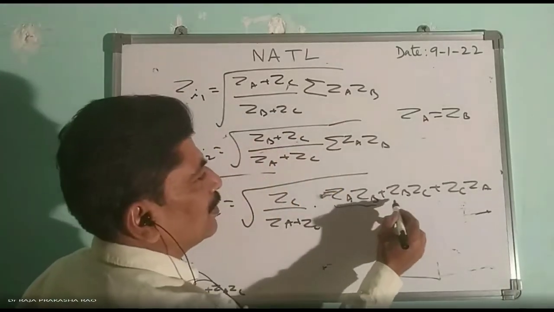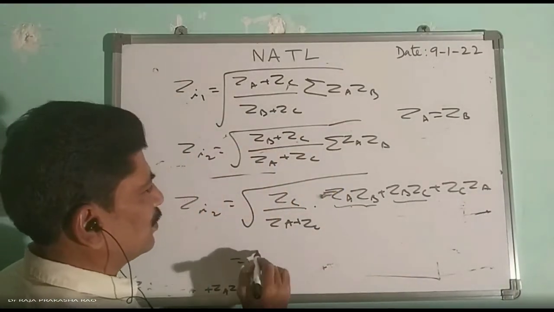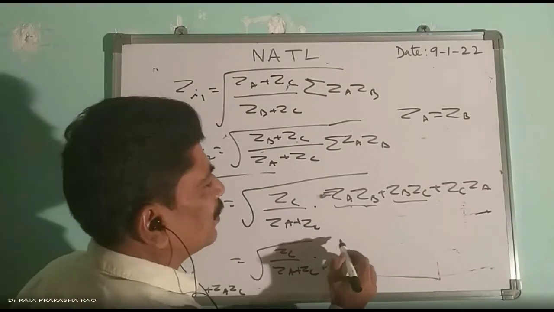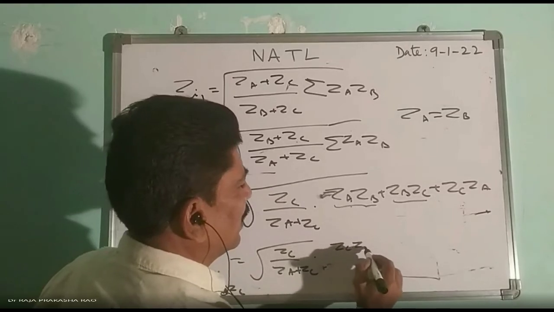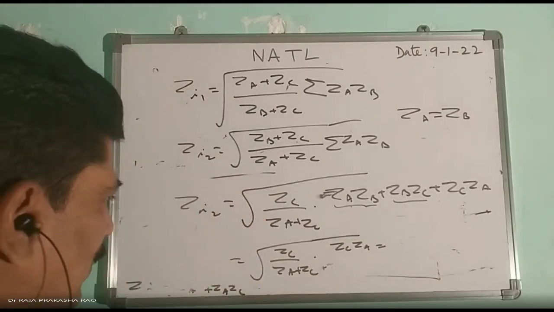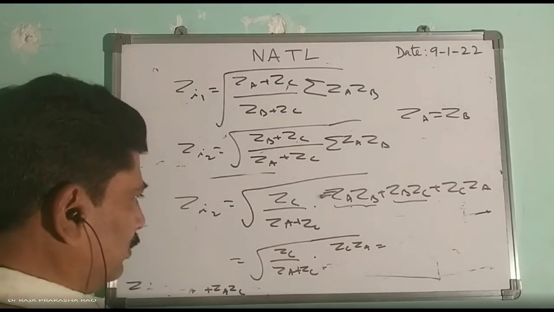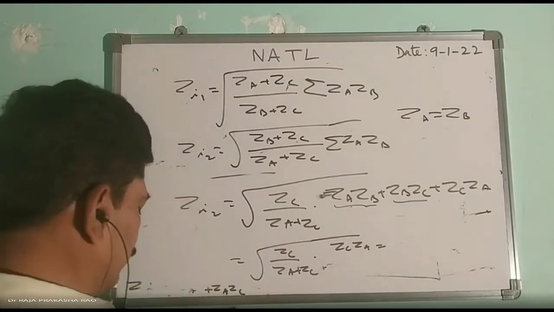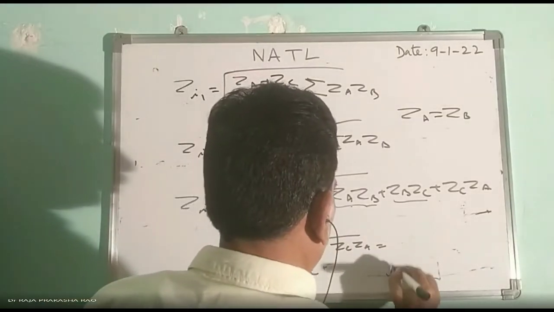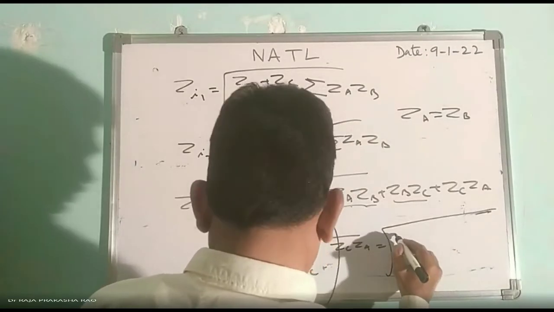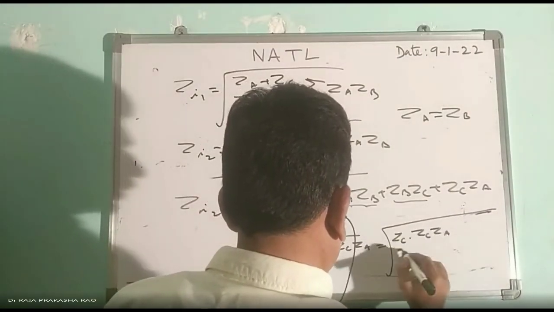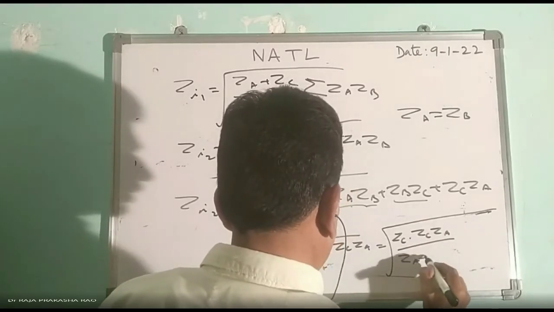In this ZB equal to 0, so it reduces to the square root of ZC/(ZA plus ZC) into ZCZA, which is equal to ZCZA/(ZA plus ZC).